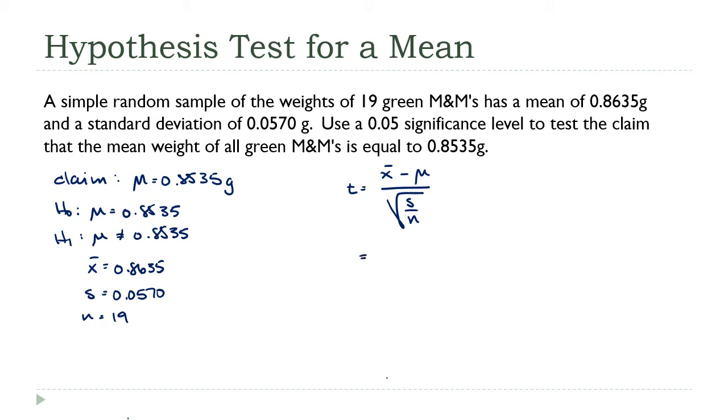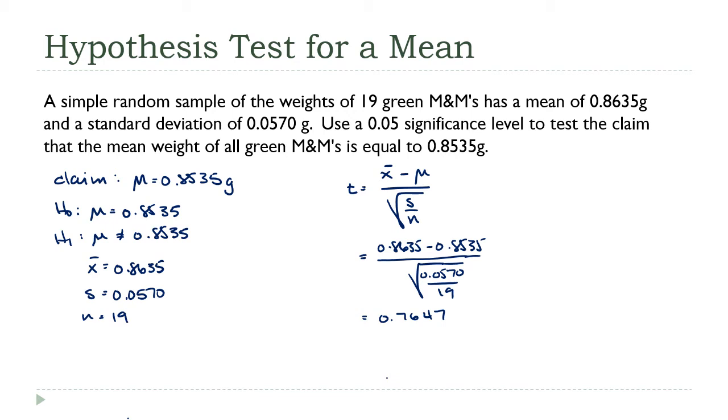So if I put all these values in here, I get 0.8635 minus 0.8535 over the square root of 0.057 over 19. Now my calculator tells me this is 0.7647. Okay, now notice this is a t-score rather than a z-score, right? Whenever we're talking about means, we're going to be using a t-distribution, not a normal distribution.